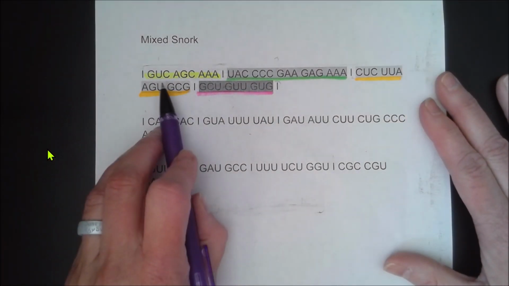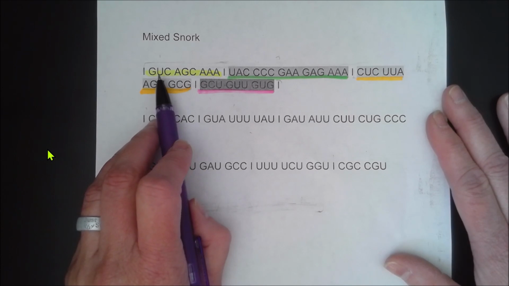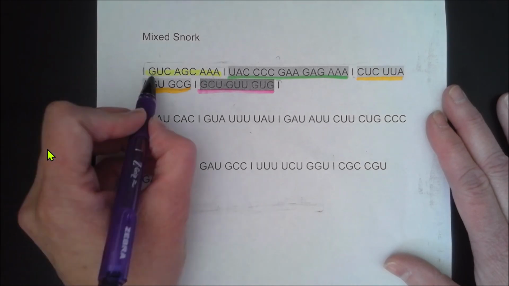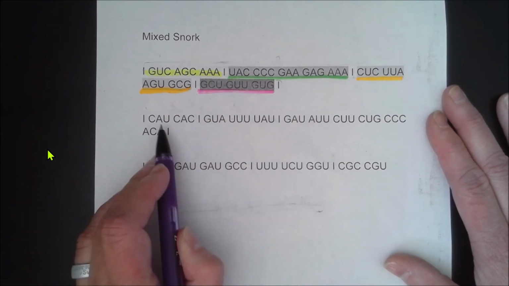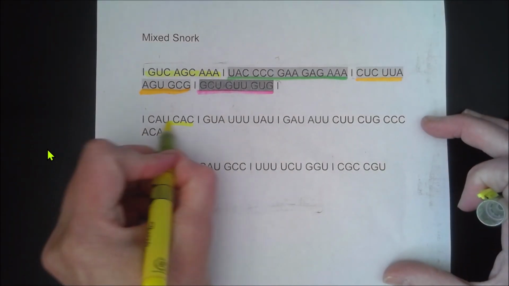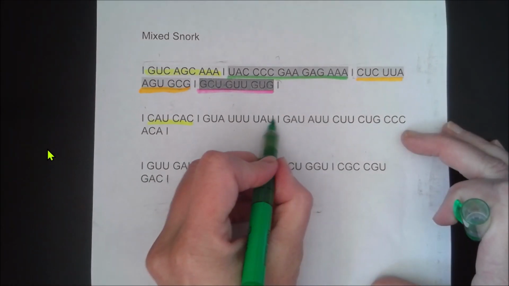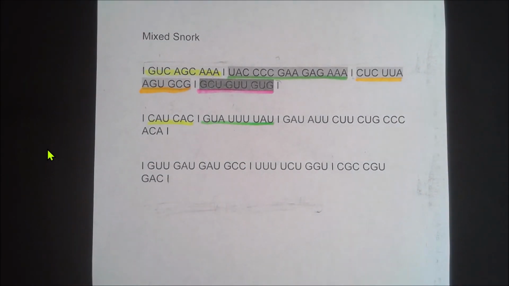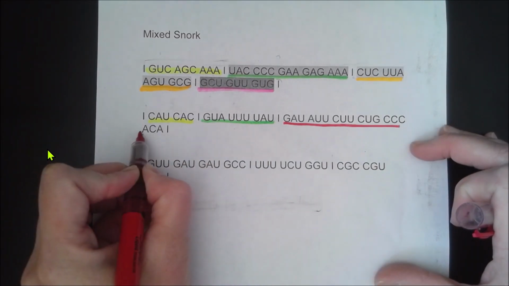Okay, so here I've already highlighted so that you can see what I mean by different gene sequences and that we have 10. So here is 1, 2, 3, 4. If we continue to highlight here, we could have 5, 6, 7.